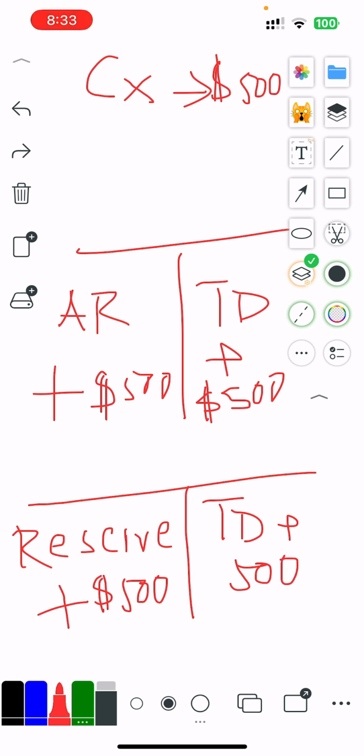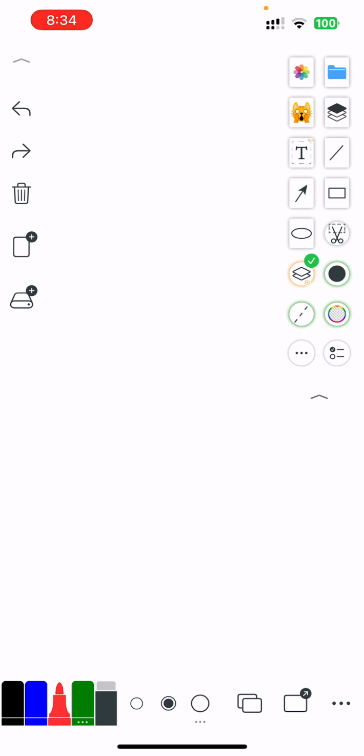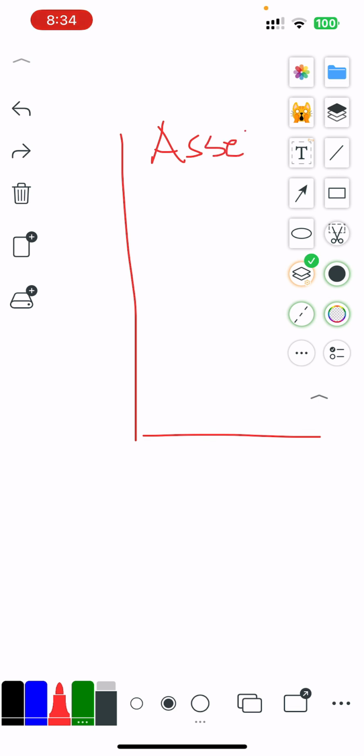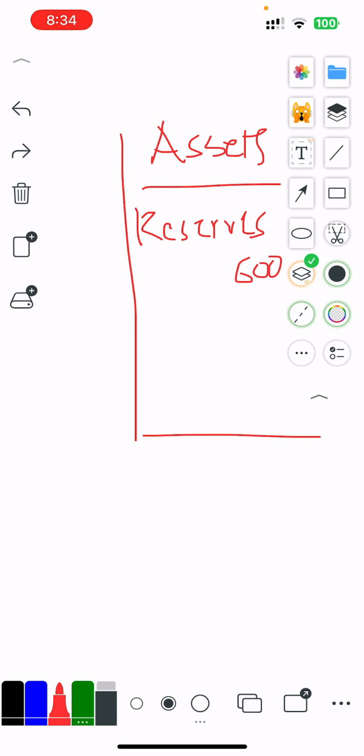Again, if you were to write this on the balance sheet, you start off with your assets, and for assets you will type in your reserves. Your reserves will be, let's say, $600.